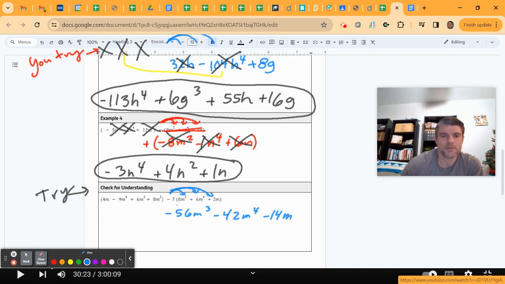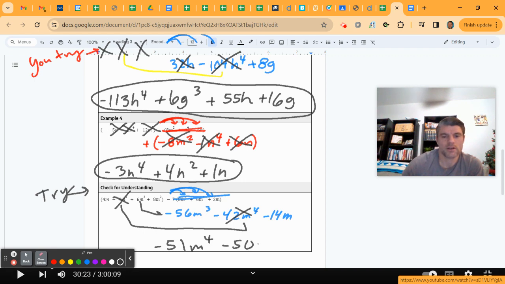All right, so I distributed that negative 7, and now I'm going to combine like terms. For the first one, I got negative 9m to the fourth plus negative 42m to the fourth. It's negative 51m to the fourth. So then I'm left with 6m to the third and negative 56m to the third, which is going to be negative 50m to the third.